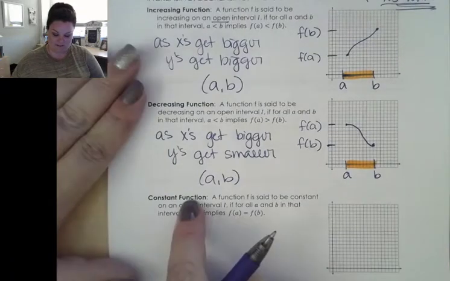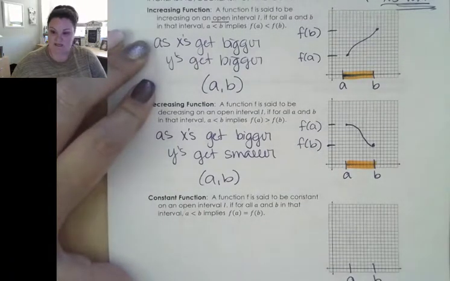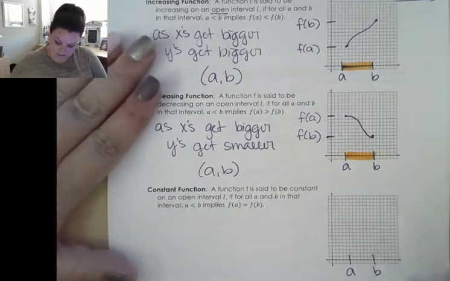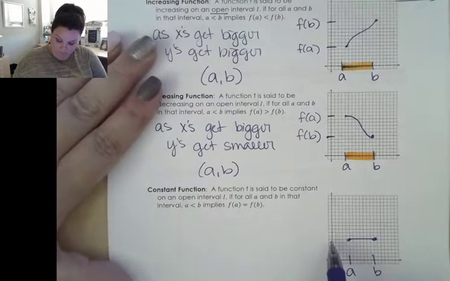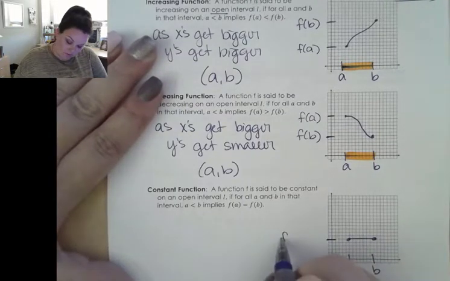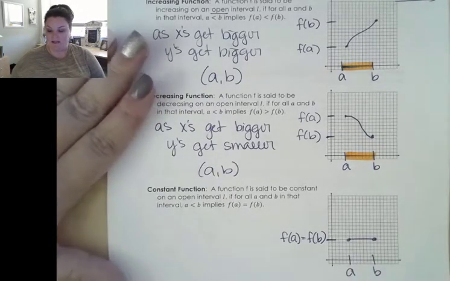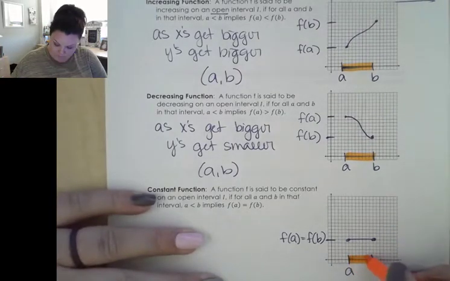The last one we have is constant. So this would look something like this: here's a and here's b. If it's remaining constant, then that means our y value is not changing. So that would be something like this, where both of our y values are equal. So f of a equals f of b. And that's true for all x's between a and b.